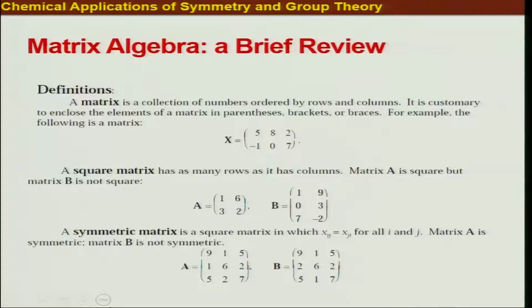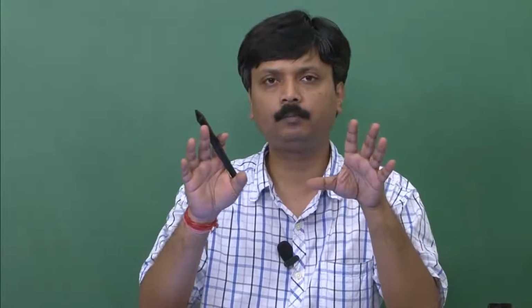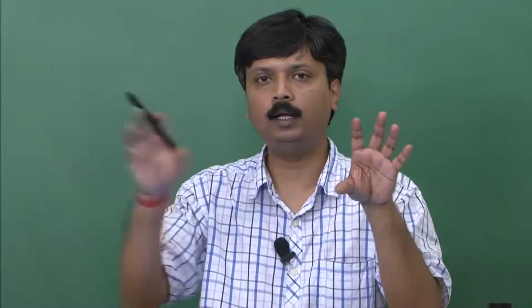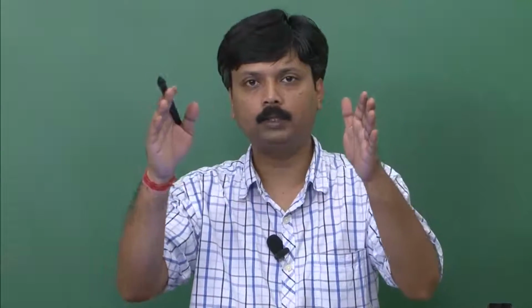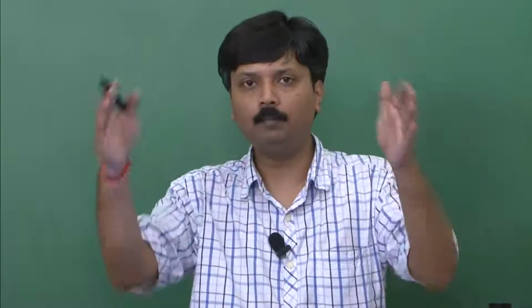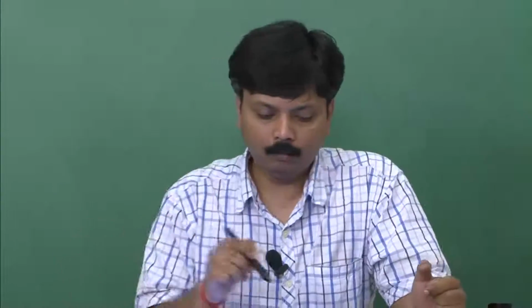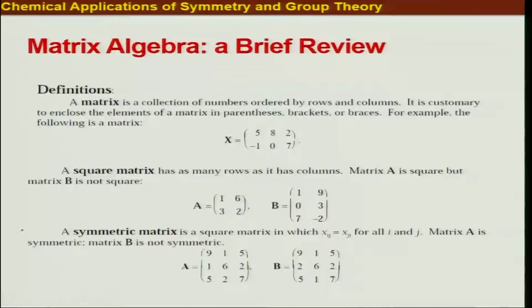So if you have some numbers which are ordered in rows and columns, it's an array, and it is presented with the numbers in rows and columns written within parentheses. That's also mentioned here: all the numbers in any of the rows or columns are called the elements of the matrix.